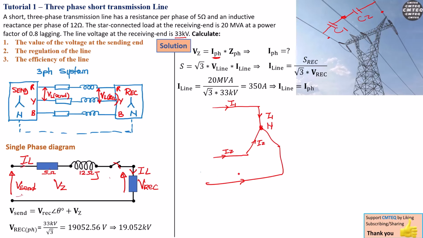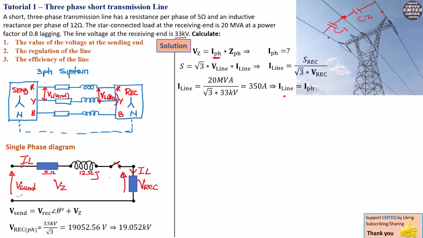And here you're going to have I3, and it is also the same current. Now these are your phases: phase 1, phase 2, phase 3, and the current flowing onto the line is exactly the same current flowing into the phases. This is not the case in a delta configuration, so it's very important to understand that.